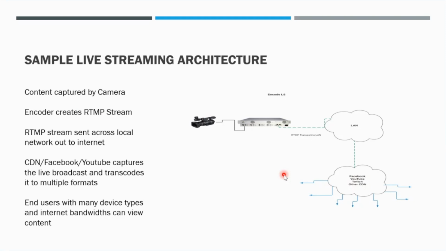It'll get parsed into MPEG-DASH. You have the ability to do SRT with some stuff. Basically, what Facebook and YouTube server farms do is take that content and make it available to a multitude of devices.